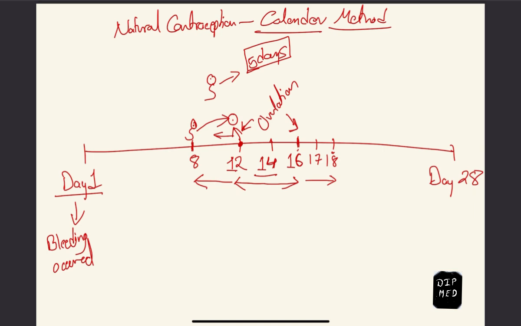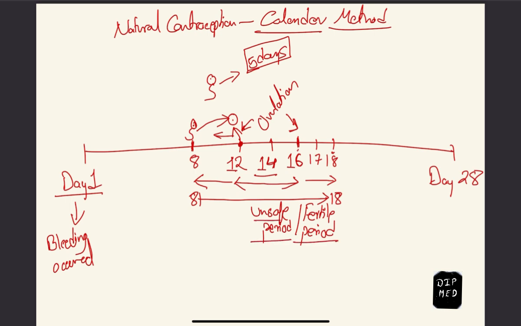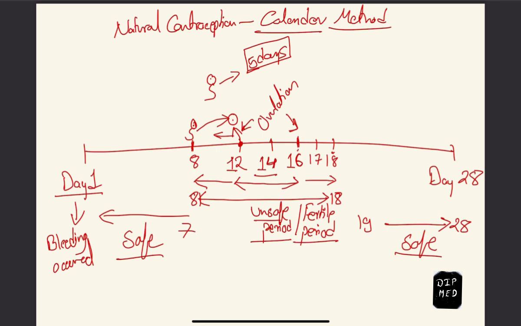So the days from day 8 all the way up to day 18 of menstruation are considered the unsafe period, or in some textbooks the fertile period, which means that unsafe sexual intercourse in this period may lead to pregnancy. The remaining days, day 1 to day 7 and day 19 up to day 28, are considered the safe period, which means there is very little chance that the female will get pregnant.